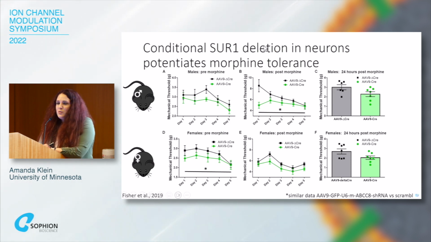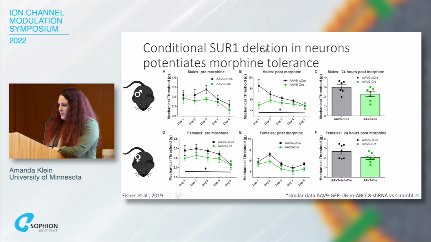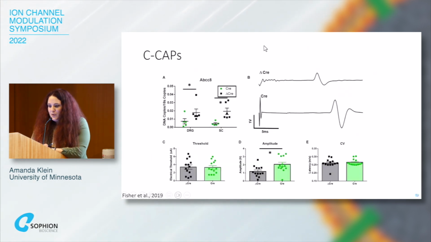We also waited 24 hours after the last morphine injection to see if hypersensitivity would continue even in the absence of morphine, and the story was very similar between male and female animals. We have also done other viral vector studies, and we found similar data using a short hairpin strategy targeting ABCC8, which is the gene for SUR1. So that was nice and consistent across the board.